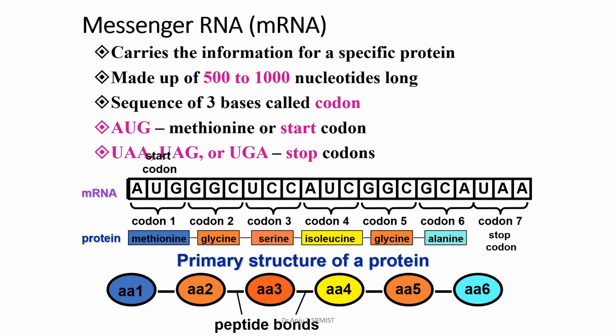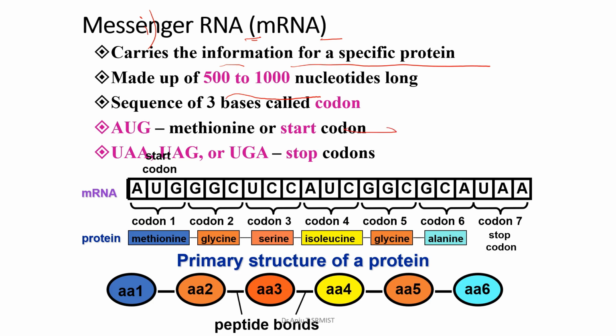RNAs. The first one is the messenger RNA, or in short form we call it mRNA. So this carries a message for a specific protein. And if you see the length of this RNA, it is made up of 500 to 1000 nucleotides. And the information present in the mRNA is as a 3-letter code.